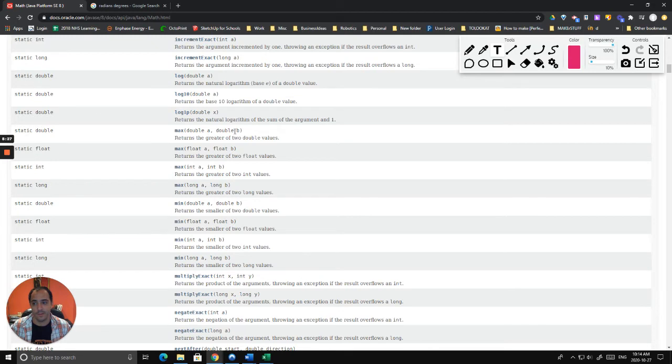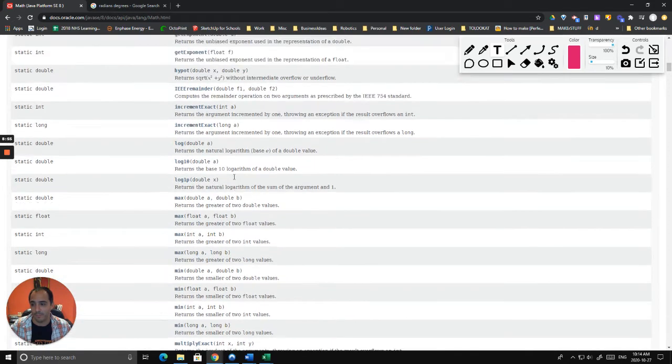Same idea, it's going to take in two numbers, either doubles or floats or integers or longs. There's a different version for each one, and it will return back. When you see something like this, it doesn't change the way that you use it. It just means that Java will decide which one of these to use depending on what number you give it, whether to run the version with the double or the floats or whatever the case may be.